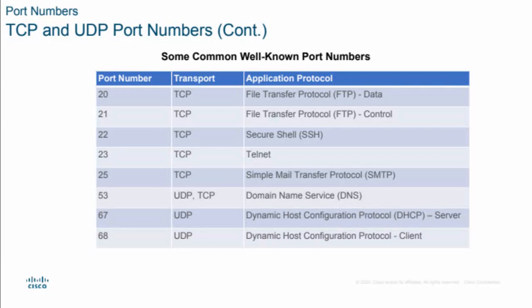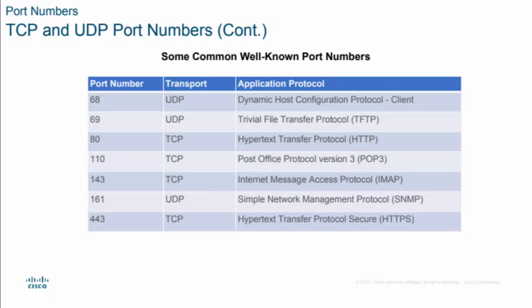DHCP uses UDP. HTTP uses port 80. HTTPS. What's the difference between HTTP and HTTPS? HTTPS is more secure.